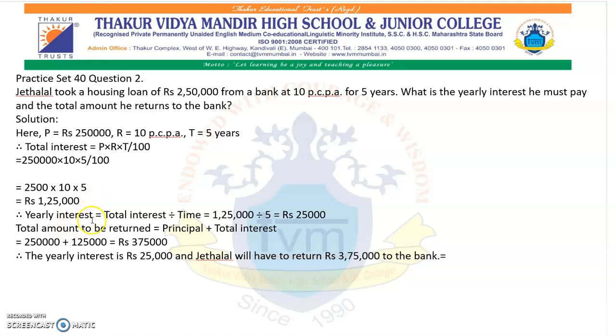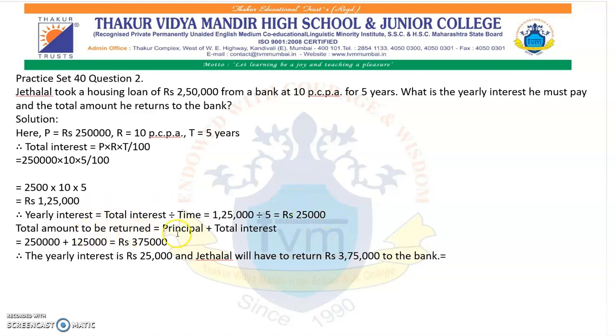Therefore, what is the yearly interest? This is the interest we got for how many years? 5 years. You can observe that we substituted the time as 5 years, but we have to calculate the yearly interest. So total interest divided by time, which is 5 years. So 1,25,000 divided by 5, we get rupees 25,000 as yearly interest.